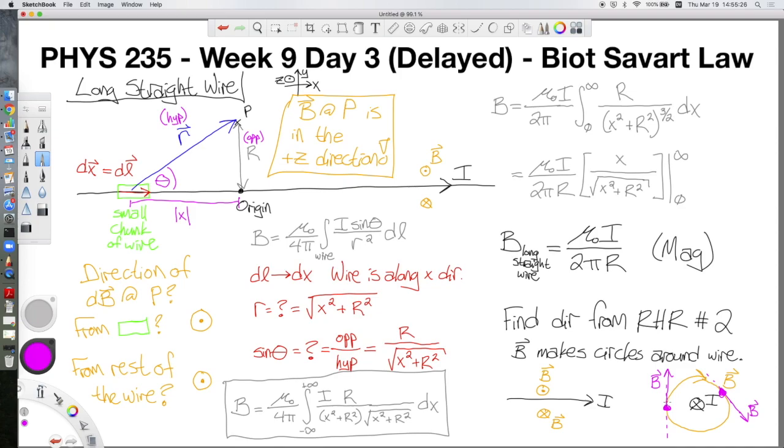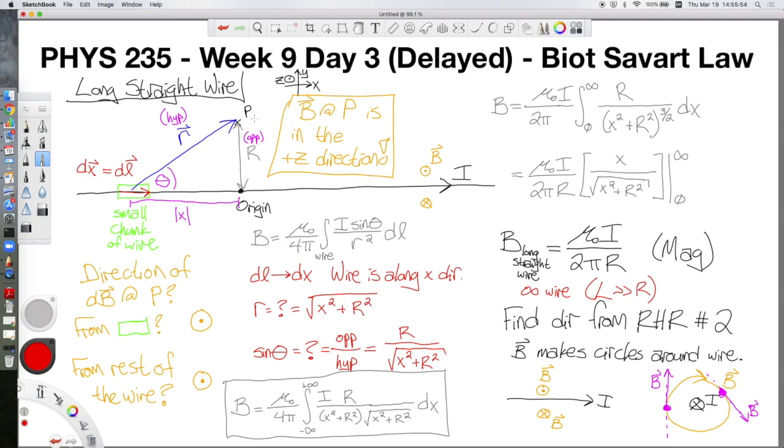So just to be really clear about the assumption we're making here, we are assuming an infinite wire, which is true when L is much, much greater than R. L being the total length of the wire, and R being the distance away from the wire that we want to know the magnetic field.